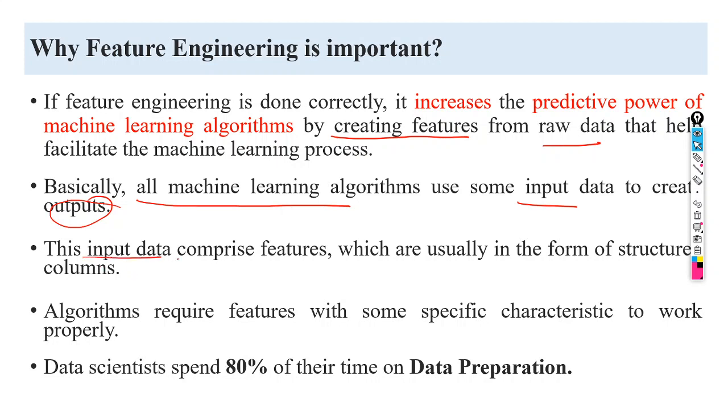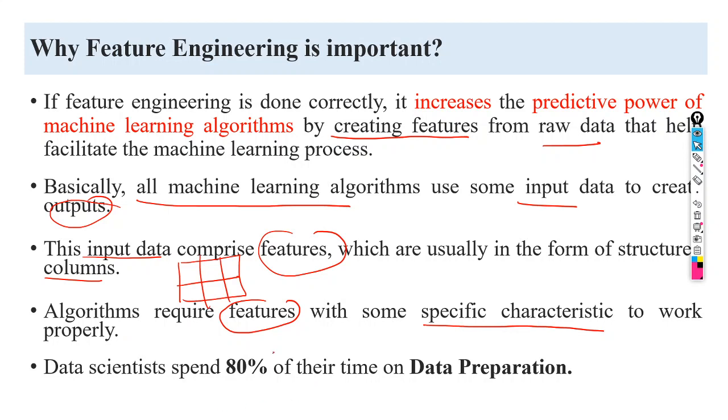This input data comprises the features, in the form of structured columns. Structured column means the data is in a specific structure, rows and columns. Algorithms require features with specific characteristics to work properly. Data scientists spend 80% of their time on data preparation. After data preparation only, the data has to be fed to the model.